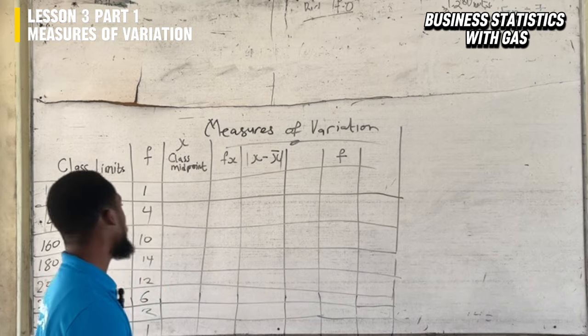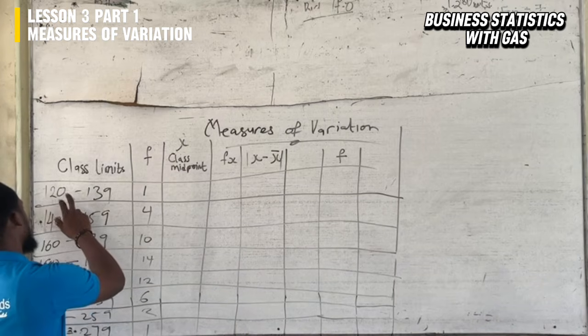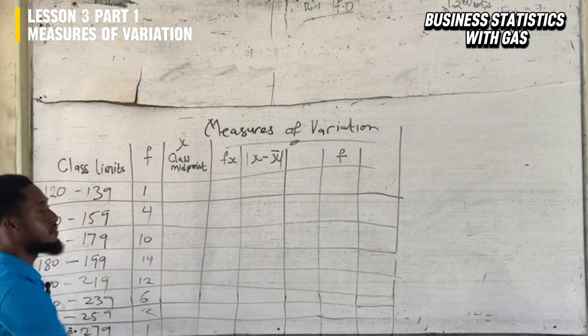So now let's find our class midpoint. How then do we find our class midpoint? We add the lower class limit to the upper class limit, then we divide by 2.